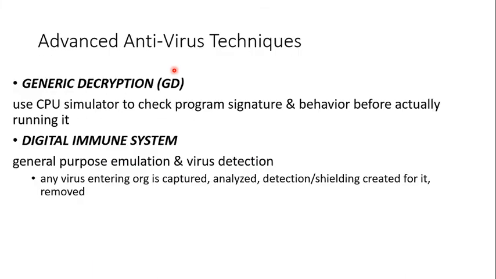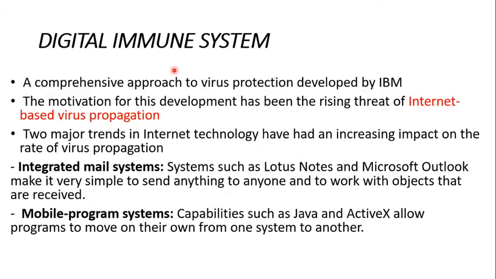The second thing is the DIS, which is the digital immune system. So let us take up the digital immune system, so called DIS. And why did this DIS come to the picture? It is to address viruses with respect to internet based viruses. How did these internet based viruses come to the picture?